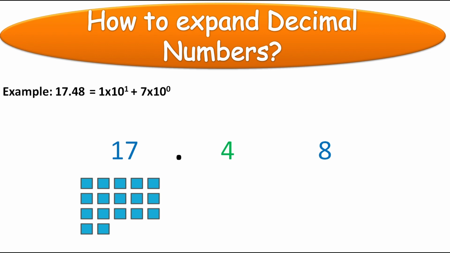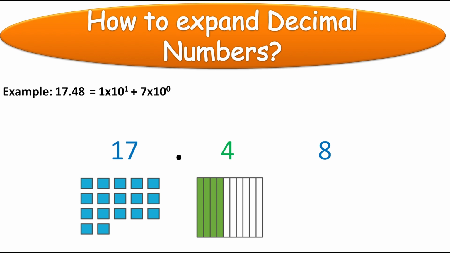Now imagine that I choose one square from this, and divide that square into 10 equal parts, and out of 10 I choose only 4 parts. How am I going to write it? I am going to write it as 4 upon 10. Out of 10 I am choosing 4. So 4 upon 10. In the same way, we write here plus 4 upon 10.